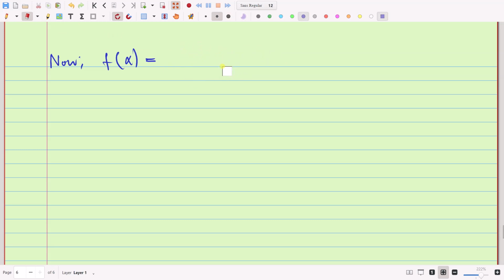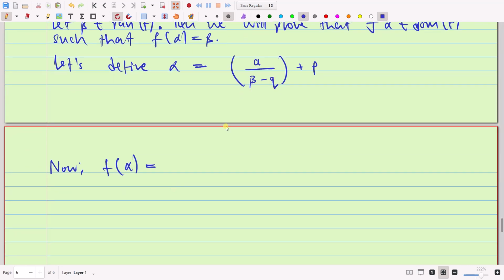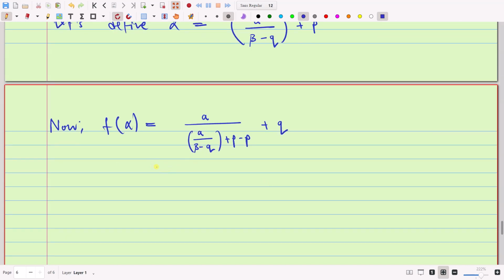So the definition of alpha is not supposed to be this one here. It's supposed to be a over beta minus q. Then f of alpha is going to be a over (a over beta minus q, then plus p), then minus p, then plus q, like that.